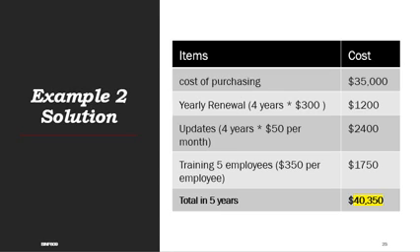And finally, the training of five personnel from the staff, $350 per person, for 5 persons is $1,750. So the summation of all the costs is $40,350.